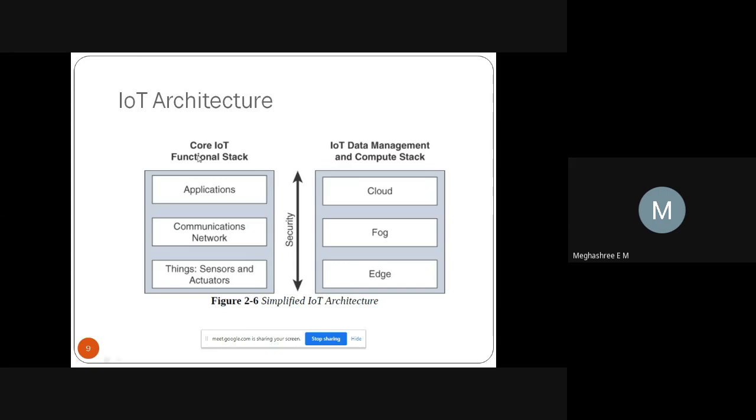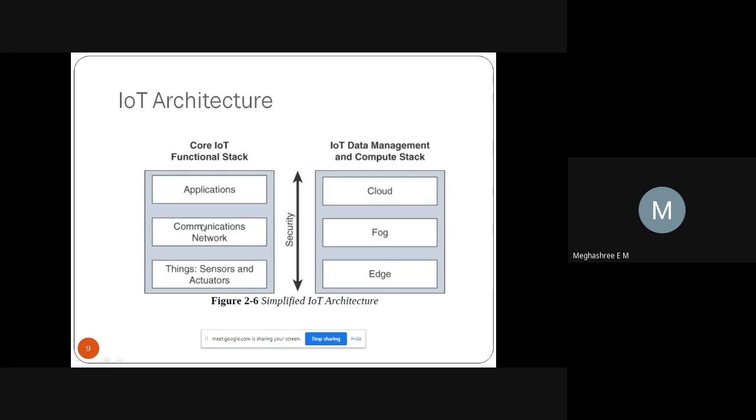One is the core IoT functional stack, and the other part of the parallel is the IoT data management and compute stack. So at each level data will be there, right? To process that data, that means to manage that data, the respective layers are given here. With respect to sensors and actuators, the edge layer will take care of that.